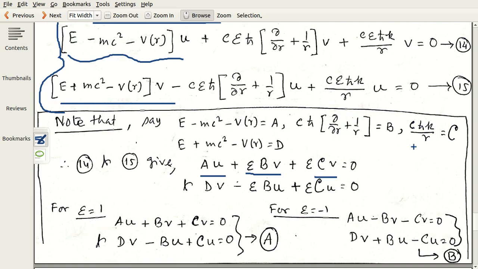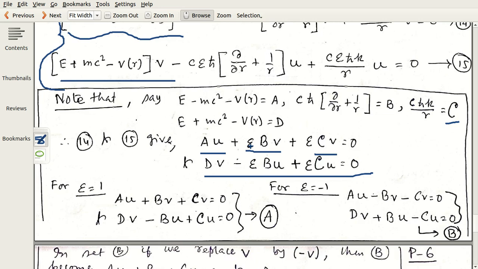This C is definitely not the velocity of light; it is something different, a capital C, just a symbol. The equation 15 gives this one. Now use epsilon equals plus 1, so you obtain AU plus BV plus CV equals 0, DV minus BU plus CU equals 0, and now put epsilon equals minus 1, so you obtain this expression.